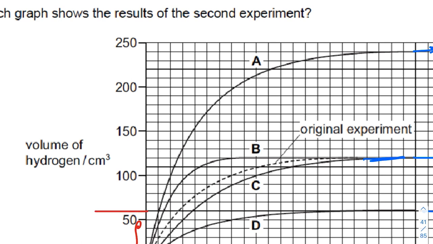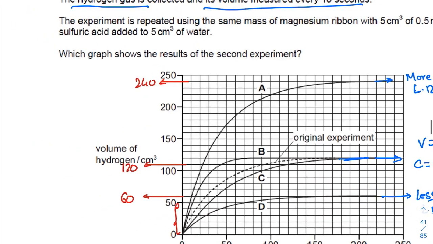So this is going to be 60, this is 120, and for A it is 240. The original was 120, and the new result can be either 240 or 60. So how should we know?